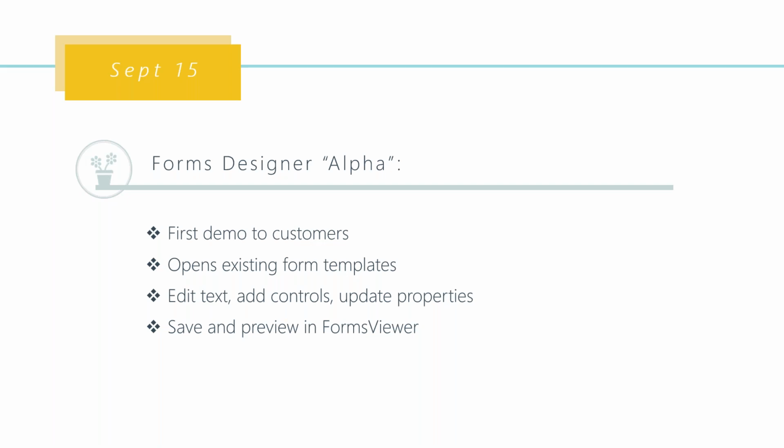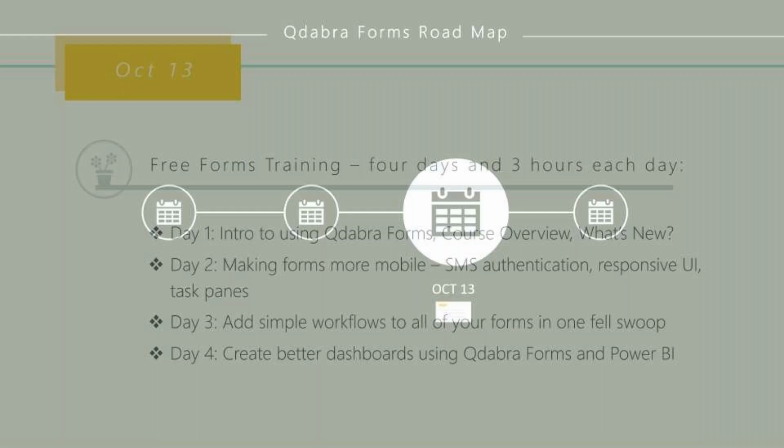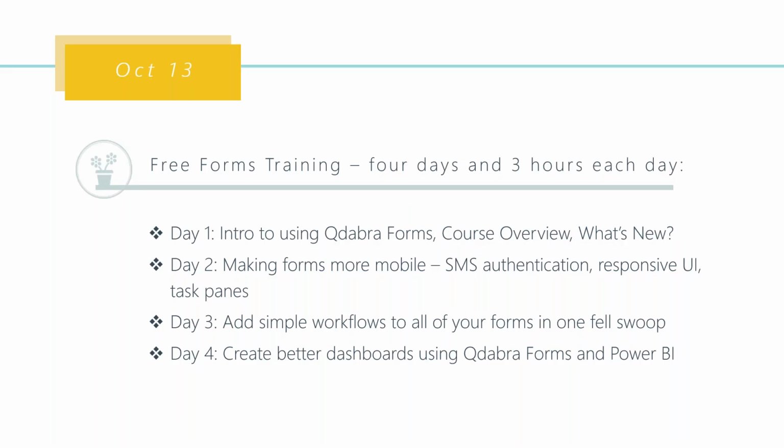And then you should be able to save and open the modified form in Forms Viewer. October 13th, we've got our free forms training, 4 days of 3 hours each. Intro to using Qdabra forms, what's new, SMS, mobile stuff, workflows, and dashboards, plus some Power BI stuff.